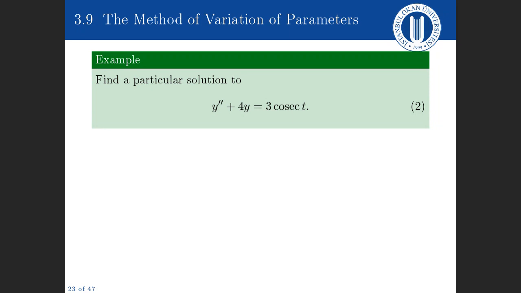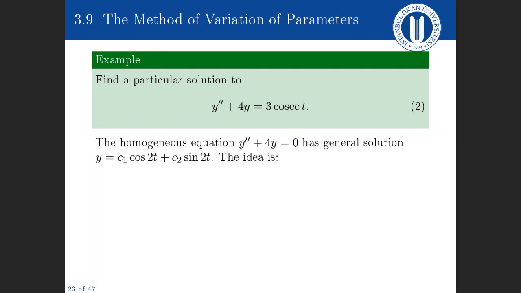For this g(t), we can't use the method of undetermined coefficients. So what can we do? The idea is this. We know that we can easily find that the general solution to the homogeneous equation y'' + 4y = 0 is c1 cos 2t + c2 sin 2t.